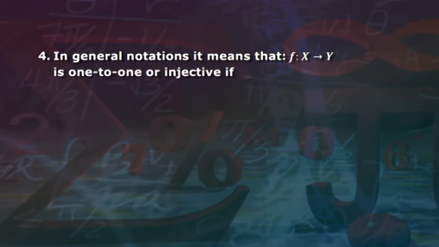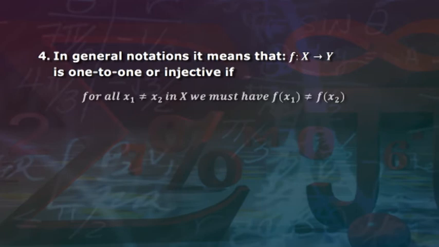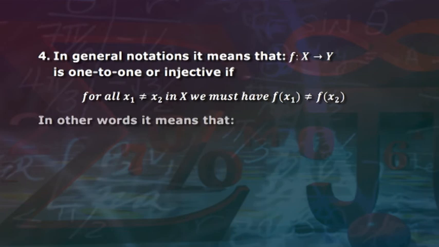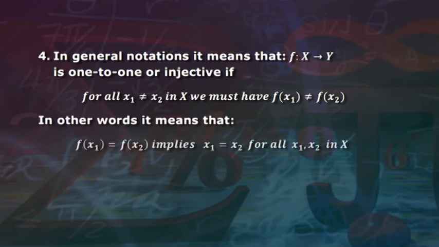In general notation, it means that f from X to Y is one to one or injective if for all x1 not equal to x2 in X, we must have f(x1) not equal to f(x2). In other words, if f(x1) = f(x2), then x1 = x2 for all x1, x2 in X.